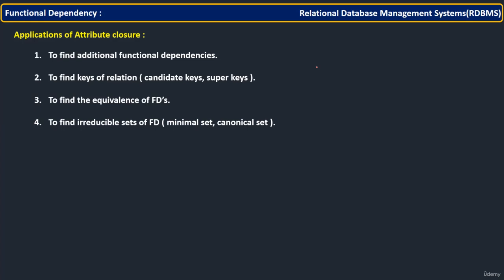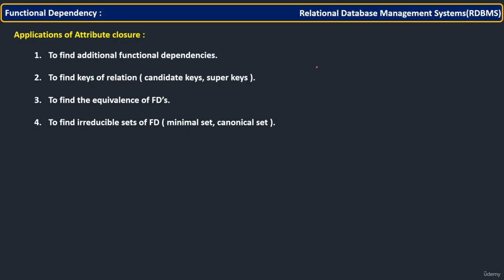This fourth application is that whenever you have a set of FDs, some may be duplicates and some may not be meaningful. All such things we are going to eliminate from the given FDs, so that the result is the irreducible set. That also we will see very clearly.